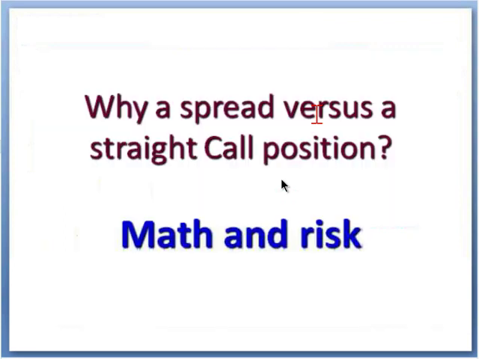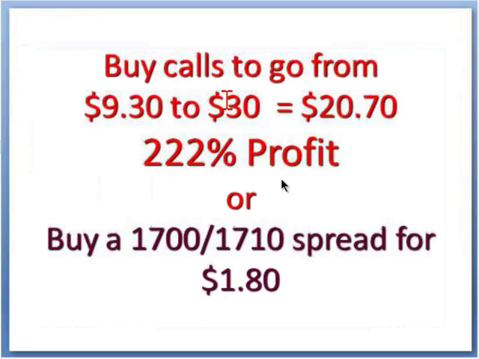So when I say why is a spread versus a straight call position much better, it's the math and the risk. Because if we buy those calls for $9.30 and it goes to $17.30, that's a $20.70 profit, or 222%.